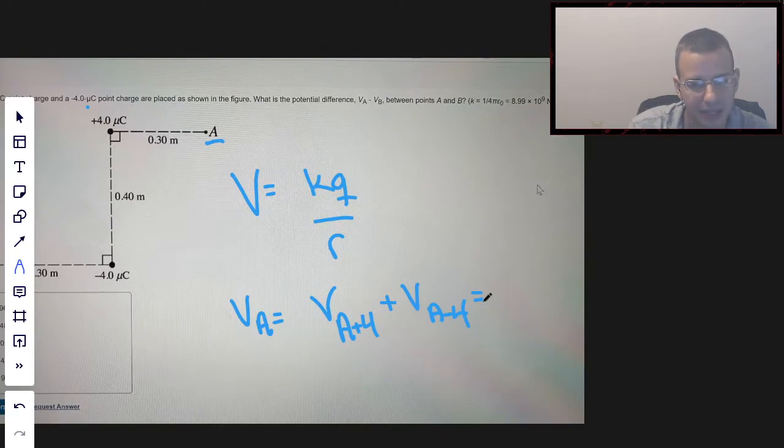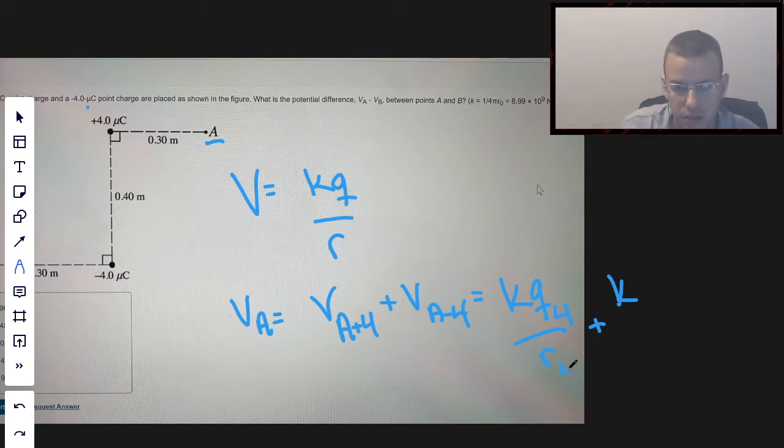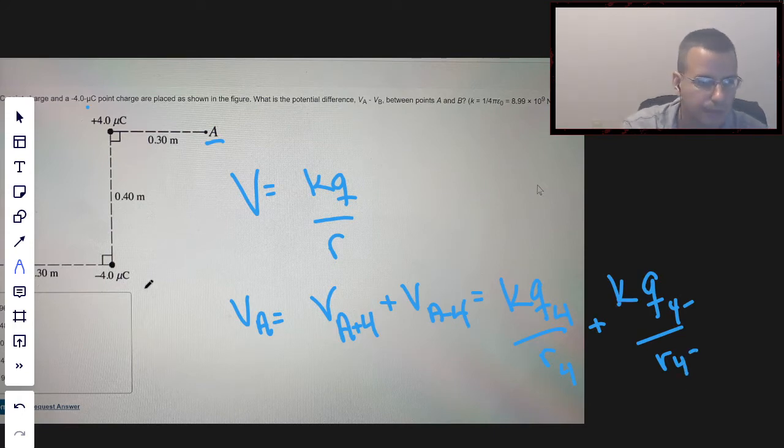So we're just going to combine this as K Q4 over R4 plus K Q4 minus, because it's the negative 4, all over R4 minus. The R for the 4 minus is going to be this distance right here.